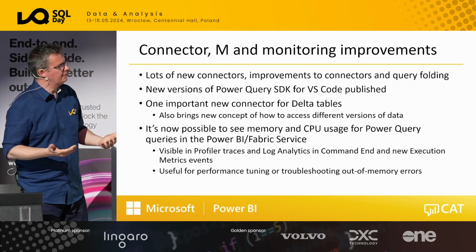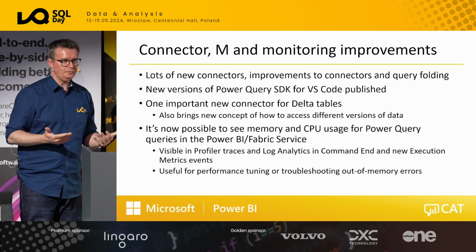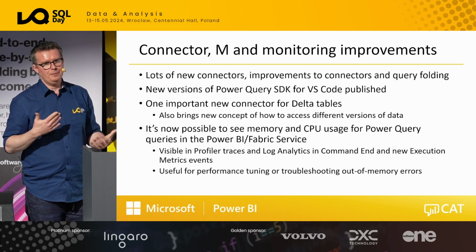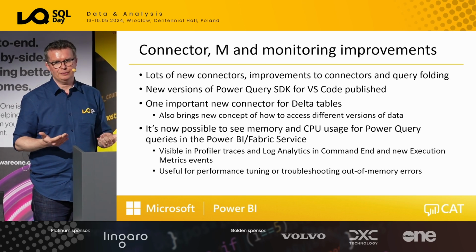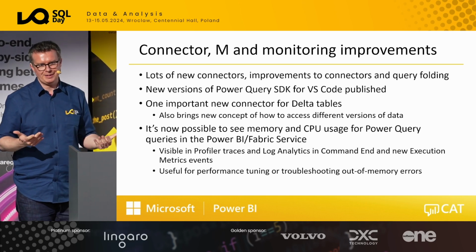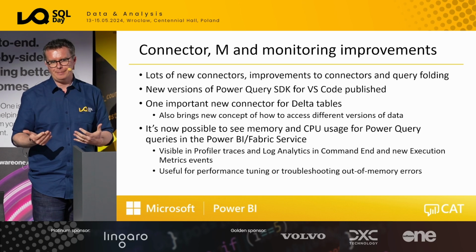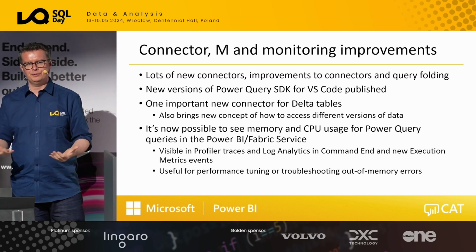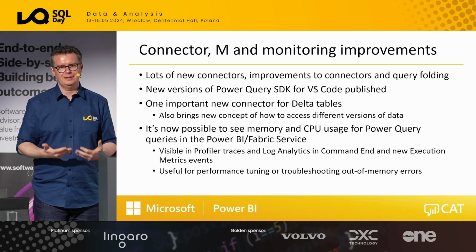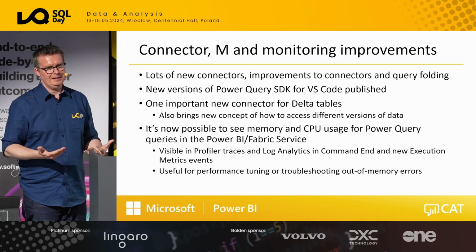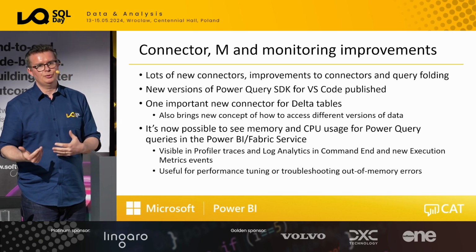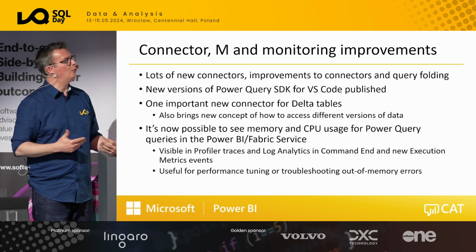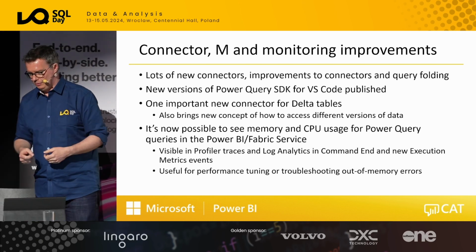Also one that works for Parquet files. So, if you're working with data that's already in Delta format, perhaps you're a big Databricks customer, but you don't want to turn on Fabric, you can still use Power Query to connect to data stored in ADLS Gen 2 storage and stored in Delta format using this new function.